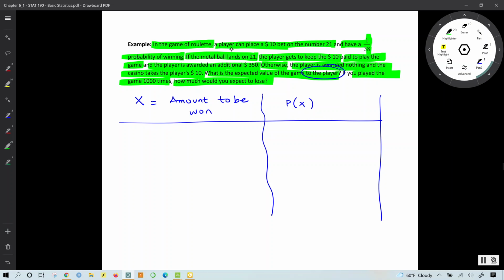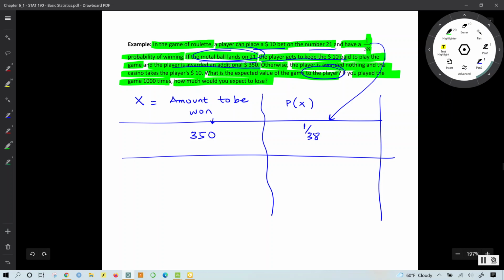To begin with, this player places a $10 bet on the number 21. So if the metal ball lands on 21, the player gets to keep the $10 they already have, and then in addition, they get an additional $350. So the amount won is actually $350, and the probability that that happens is the probability that the metal ball lands on the number 21, which is 1 out of 38.